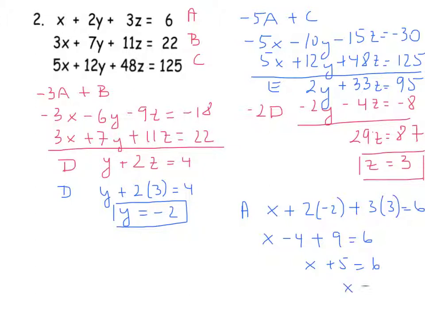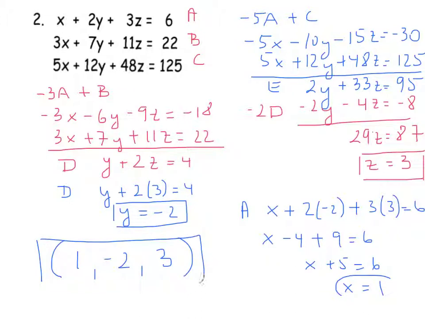So x will equal 1. So our final coordinate of the ordered triple is 1. So it's (1, -2, 3), which is the solution to this particular system. Have fun doing your homework.